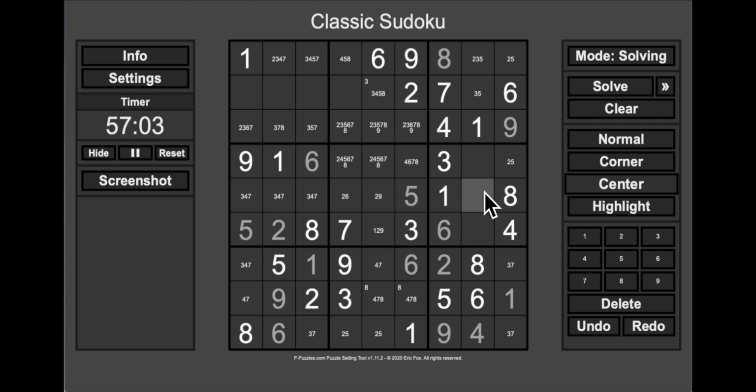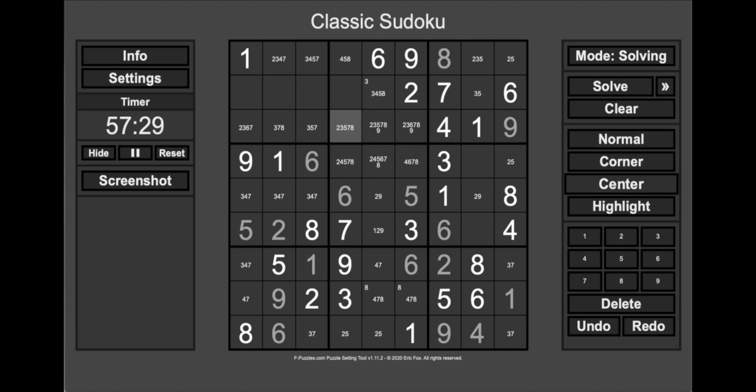Does that force 2 in there? It might. Because this is 1, 5, 8, 3, 4, 7. This is 2, 6, or 9. But it's not 6. Now I've got a 2, 9 pair in this row, which forces the 6 to be there. So this cell is not 6.